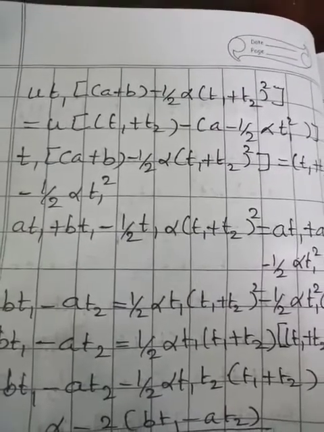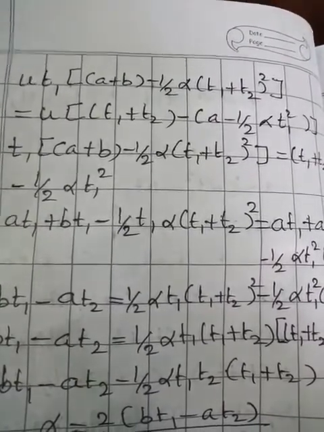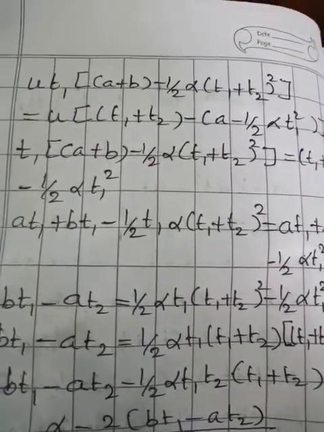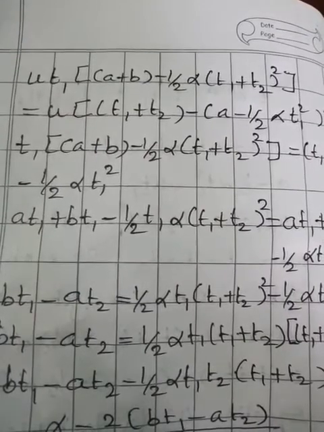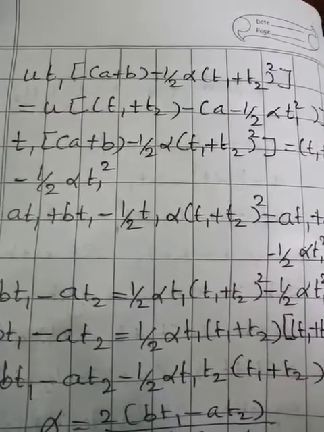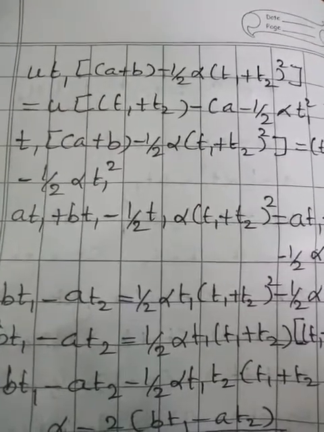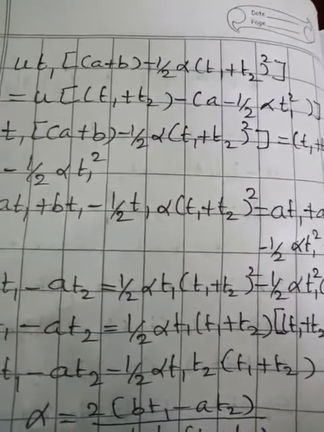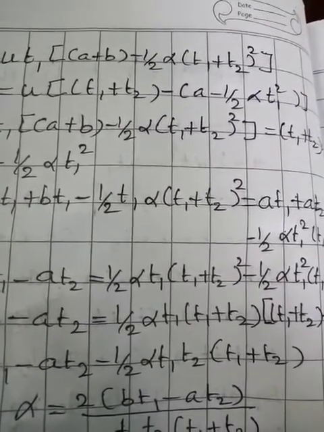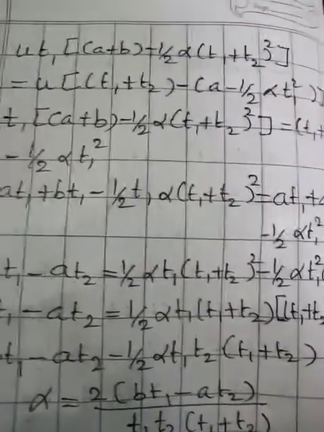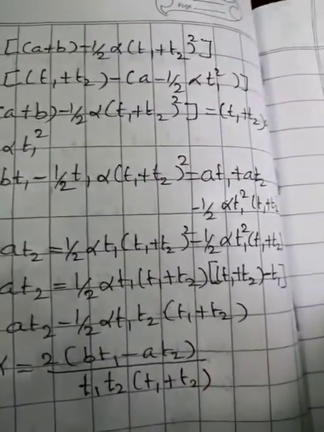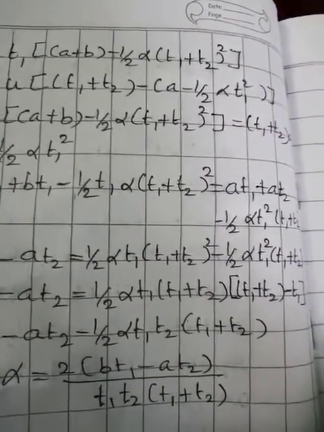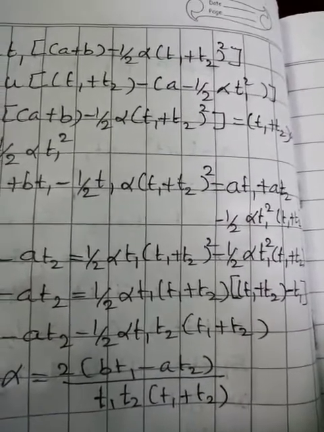Next, multiplying t1 inside the values, so a into t1 plus b into t1 minus 1 by 2 alpha into t1 into t1 plus t2 whole square is equal to a t1 plus a into t2 minus 1 by 2 alpha into t1 square into bracket t1 plus t2.